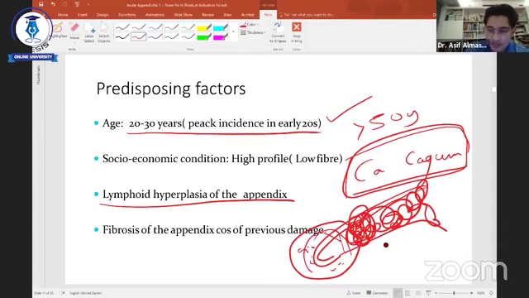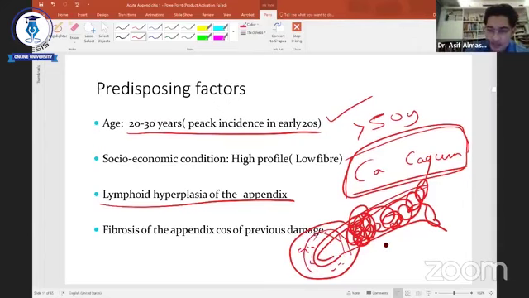If you remember, the blood supply goes to the tip. If the blood supply is hampered, the tip becomes gangrenous, and as a result, a burst appendix can happen. And whenever there is a severe infection or inflammation, the greater omentum and the ileum and other parts come to this place and form a big lump. This is called an appendicular lump. That can happen as well. We will discuss this in future.